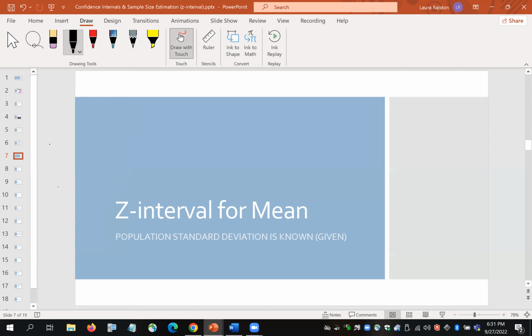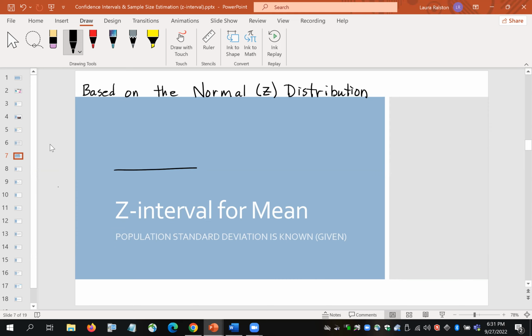The Z interval is based on the normal, sometimes called the Z distribution. And we just recently talked about that normal distribution.